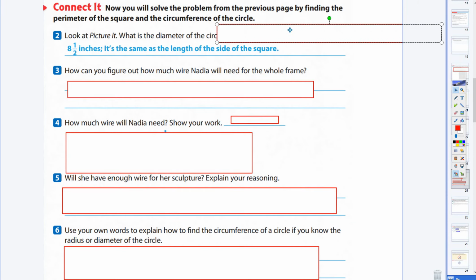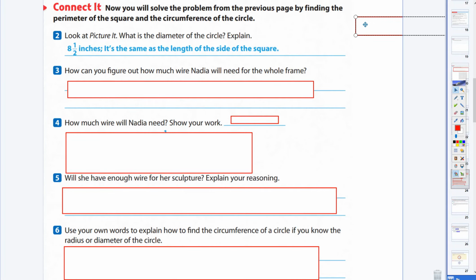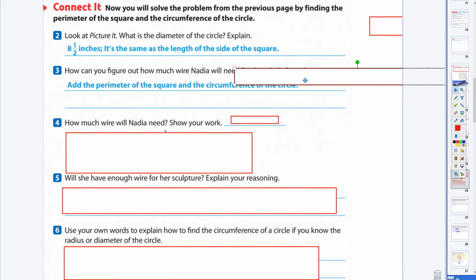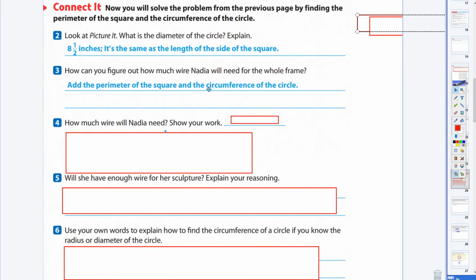Well, the first one we did, so we just went over that twice. So again, obviously it's 8.5 inches. Because we did that, it's the same as the length of the side of the square. The second one, add the perimeter of the square and the circumference of the circle to answer that. So I want you to think about that.